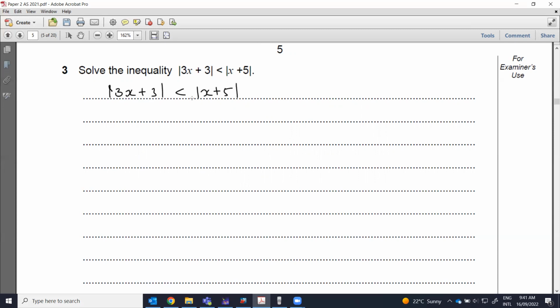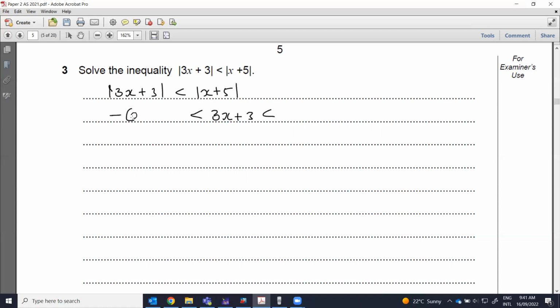Now, with this one here, when we have an absolute value less than another absolute value, what we do is this term here on the right, we'll put it in the middle without the absolute value symbols. So we have 3x plus 3, and then on the left, we will take this expression here without the absolute values, but make it negative.